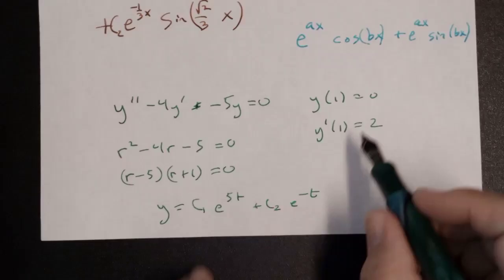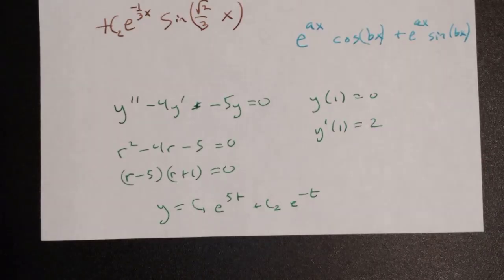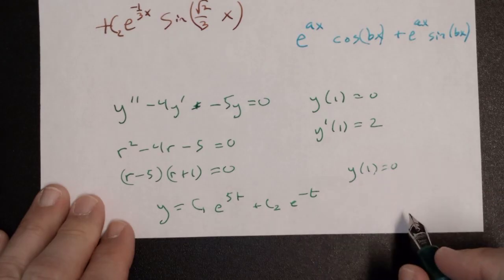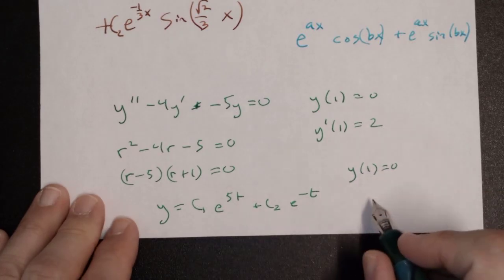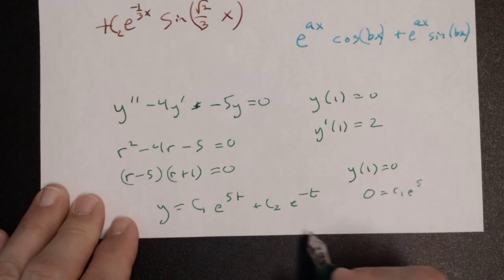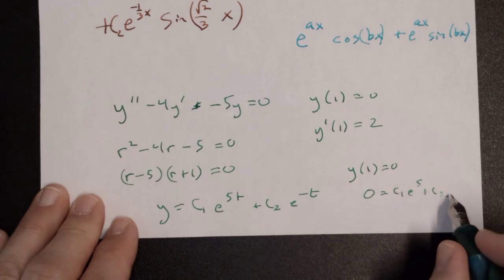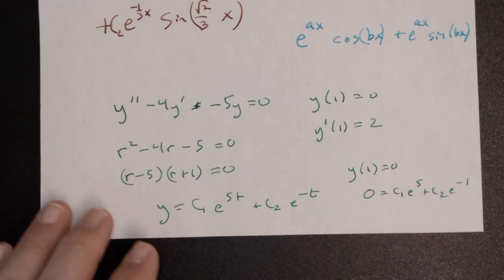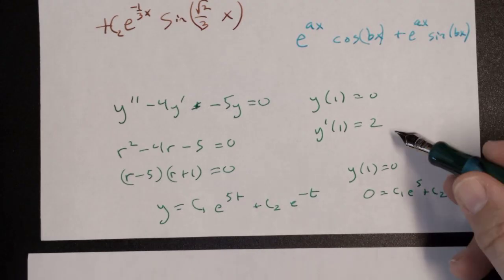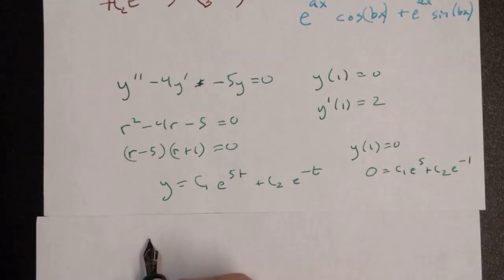If I want to solve for C1 and C2, I plug that in. Y of 1 equals 0. So I put in 1, I get 0 equals C1 e to the 5 plus C2 e to the minus 1. That's disgusting. To do y prime of 1, I need y prime.